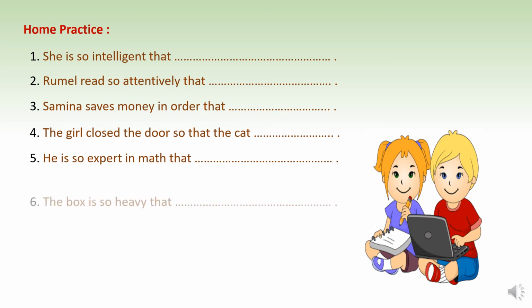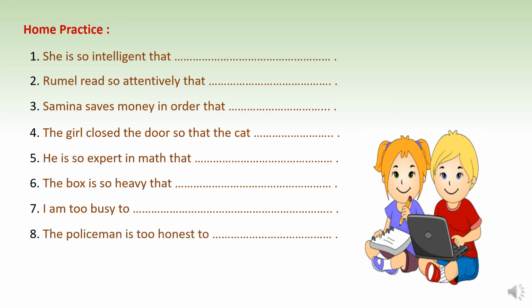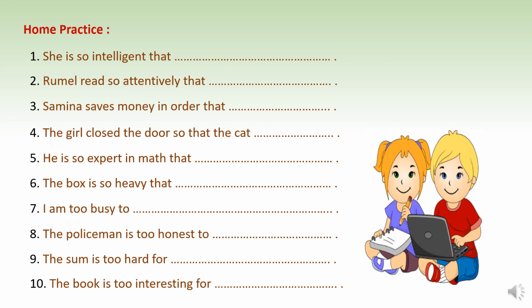Number 6, the box is so heavy that. Number 7, I am too busy to. Number 8, the policeman is too honest to. Number 9, the sum is too hard for. Number 10, the book is too interesting for.